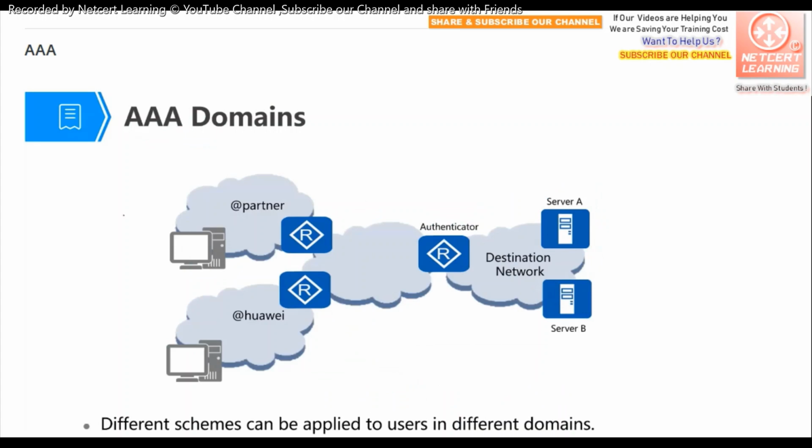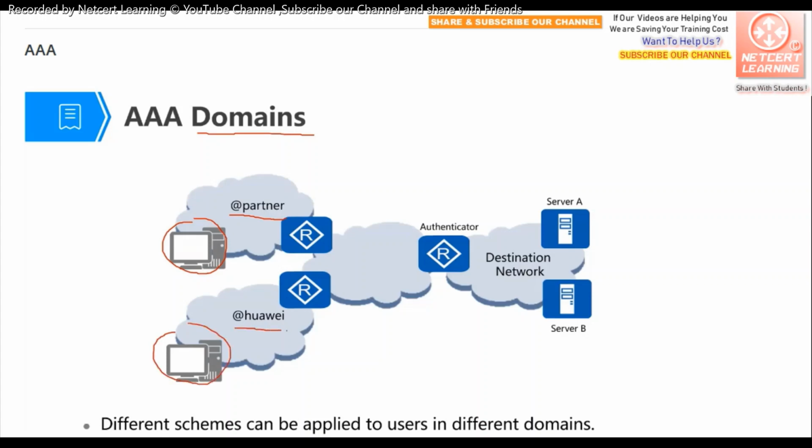Next, it will be AAA domains. To easily help us manage the users and manage the servers, the destination network, we can configure the domains. Okay, the domains means we can configure different users in different domains.